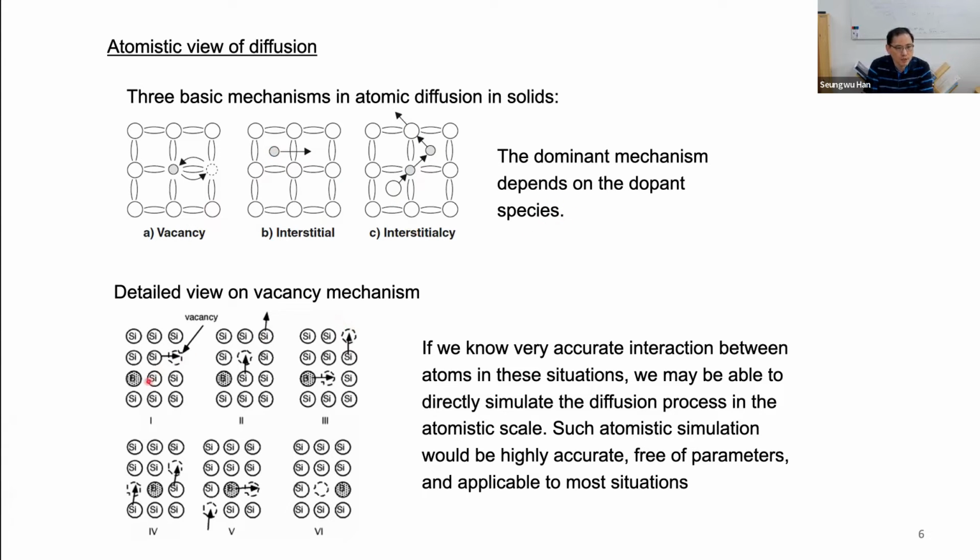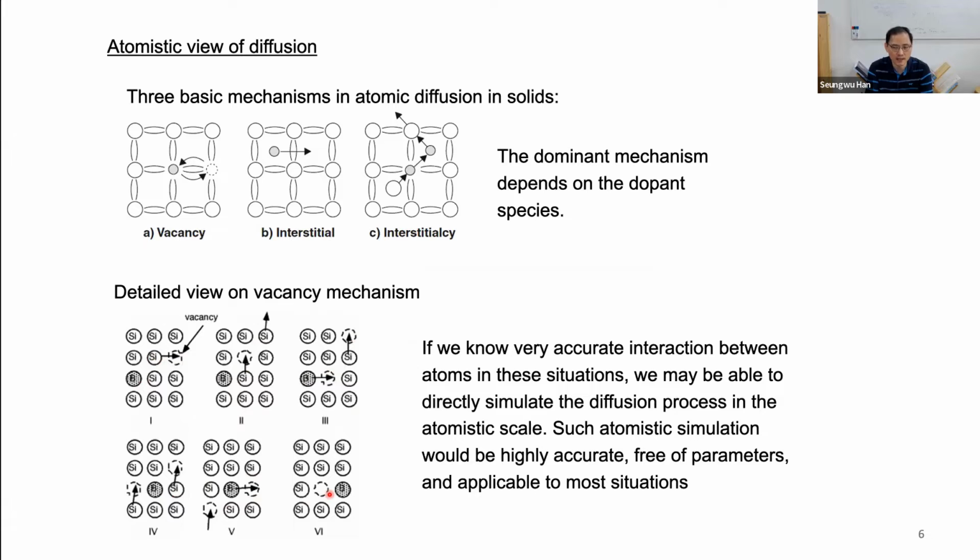In the case of boron, the dopant in silicon, the more detailed view is as follows. You have the silicon atom and a vacancy, then the silicon occupies the vacancy, leaving behind a vacancy, and now the boron can jump into this vacancy, right? So the vacancies are moving around, and effectively you have the diffusion of the boron.